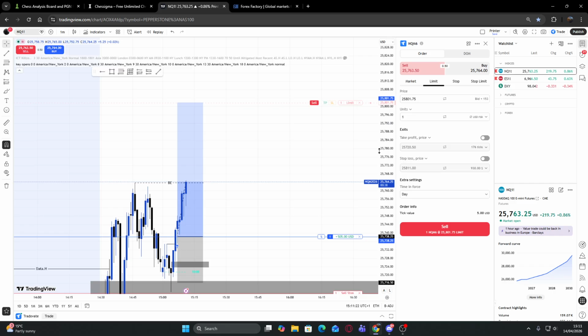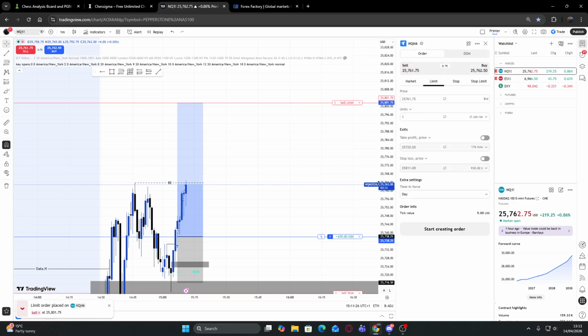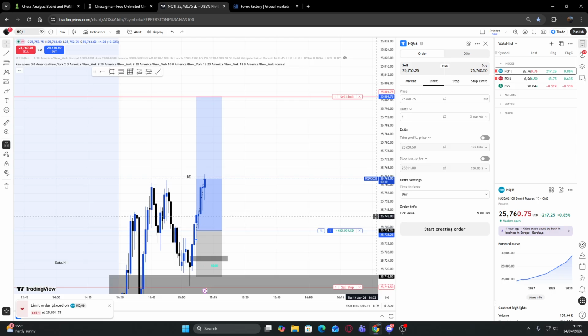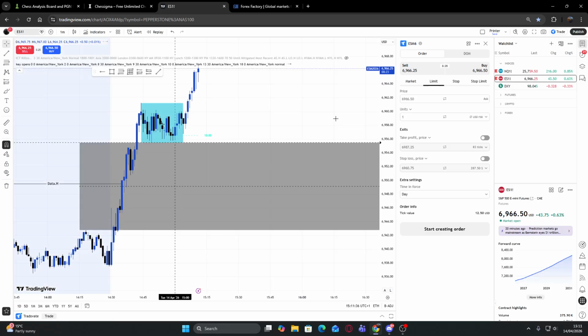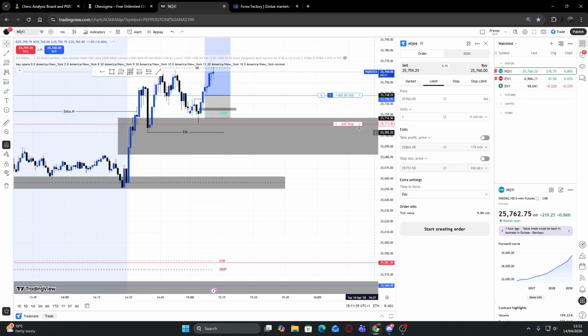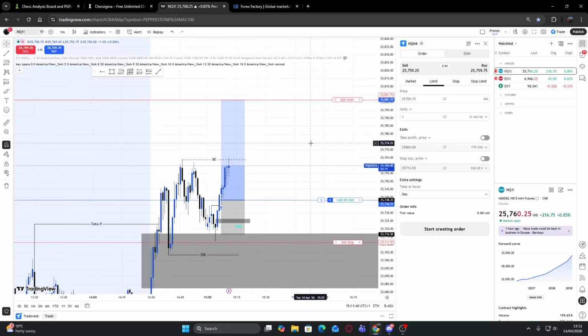Sell limit, right? That's our break even. I want to see us move past this with imbalance. I don't want to see this start chopping now. I want to see this start moving. Big impulse up. That's what I want.